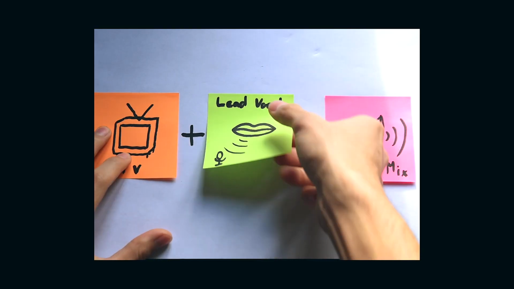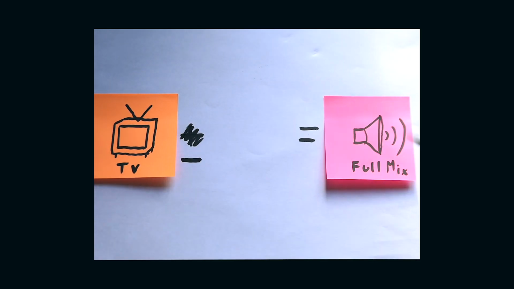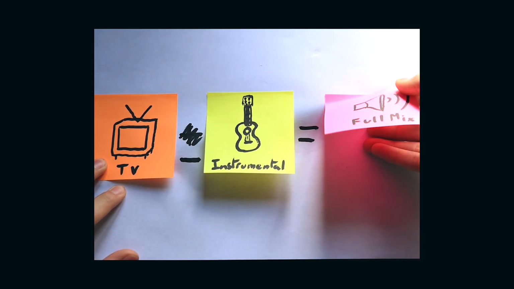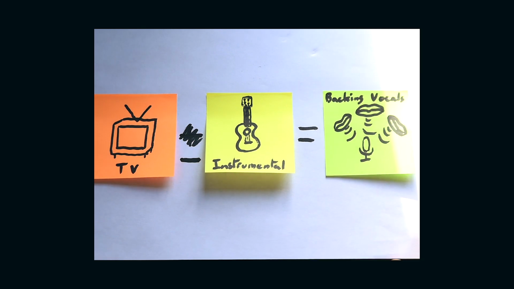If they need to adjust the level of the backing vocals, they can take the TV stem, subtract the instrumental stem, and that gives them only the backing vocals, and they can adjust the level of that as well. So there are a lot of combinations they can use to adjust the levels.